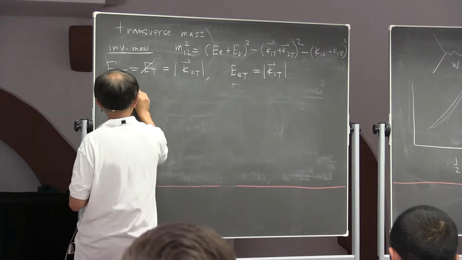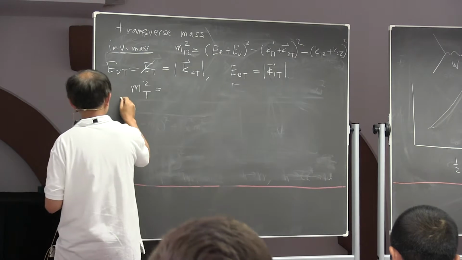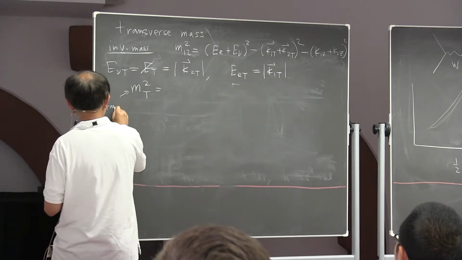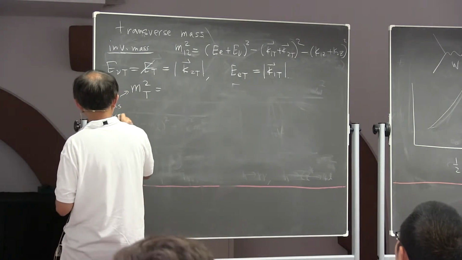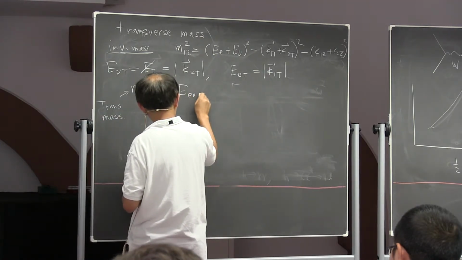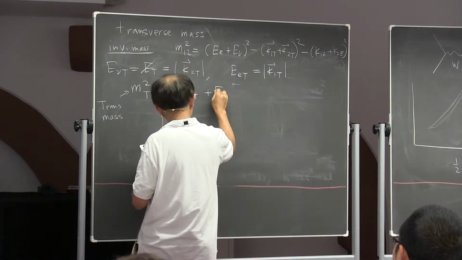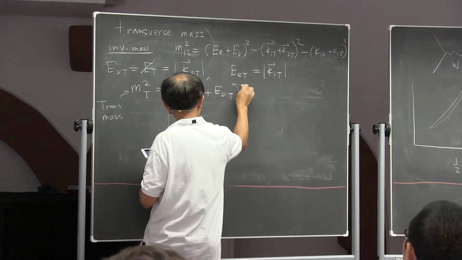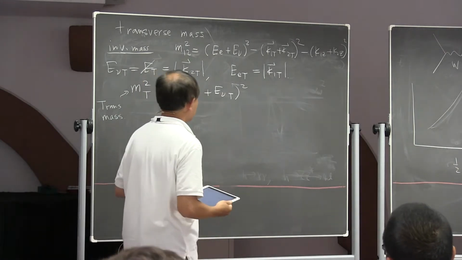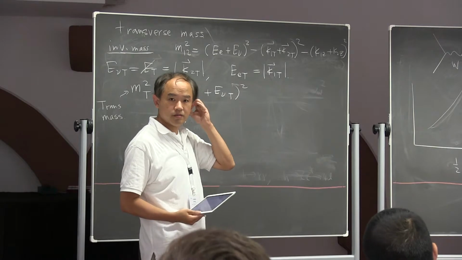I'm going to define my MT square, my transverse mass, which is E nu T plus E nu T square. So instead of using the energy, I'm going to use the transverse energy.